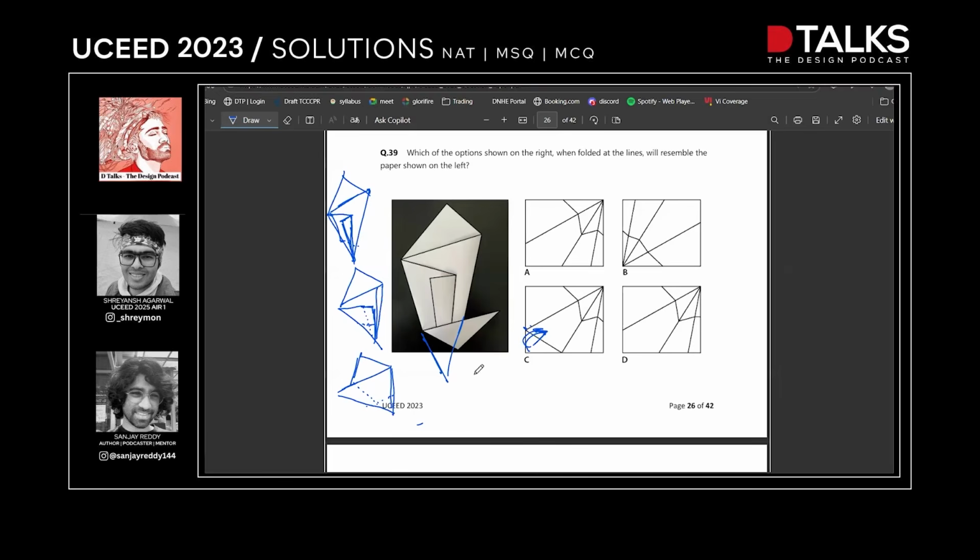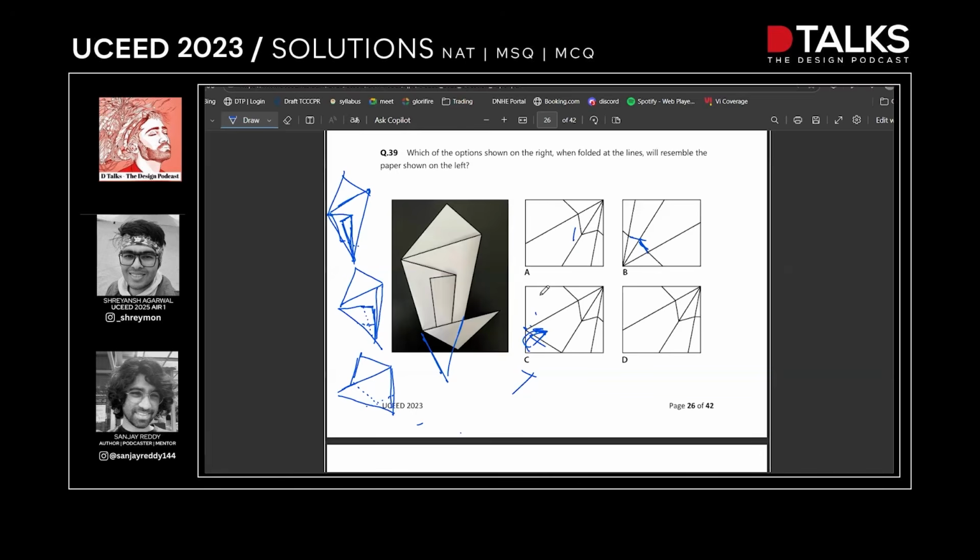So option C is wrong anyway because of this line. Now A, B and D have very minute differences. What is the difference exactly? It's the deepness in A and B. So which one is going to be correct?